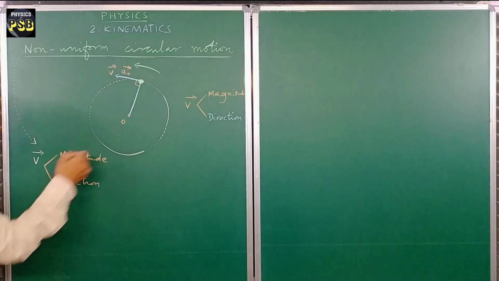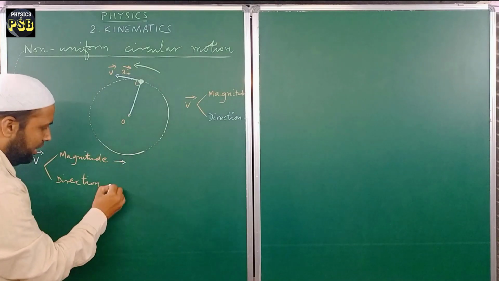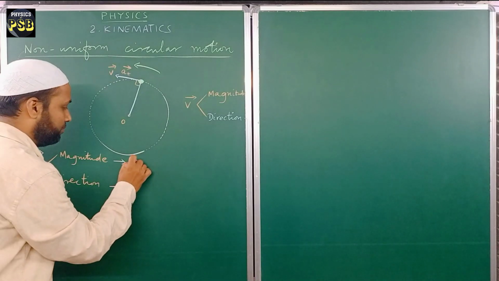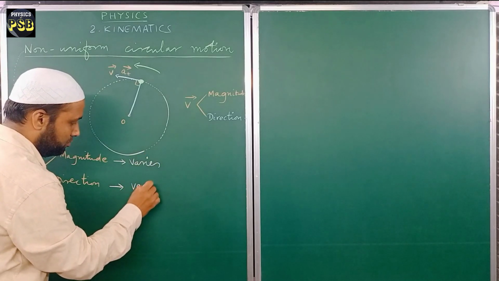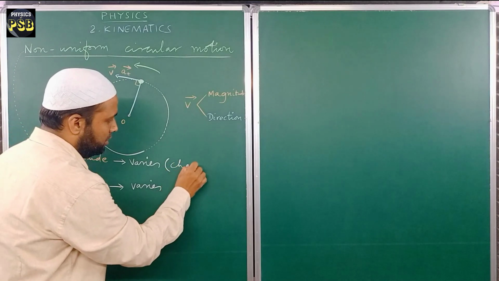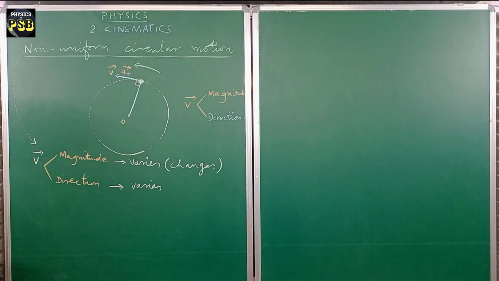Here both the magnitude and direction vary or change with time. Here the meaning of varies is changes. Now if both the things change with time, then the object is said to be in non-uniform circular motion.